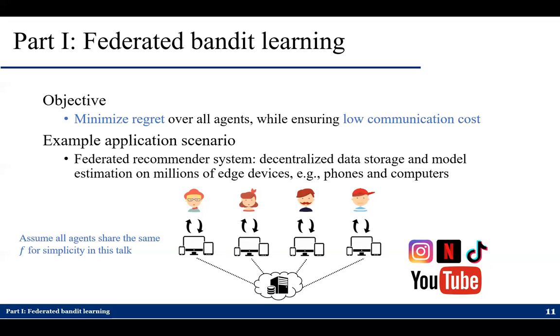To keep things simple in this talk, I assume all the agents share the same unknown reward function. That means they all share similar preference. But our paper actually considers a situation where their reward function can be different. So this is the motivating example.